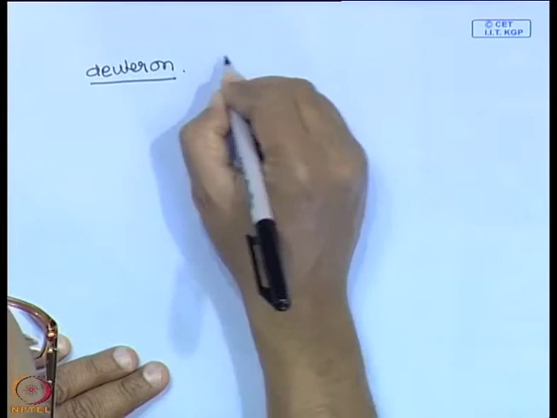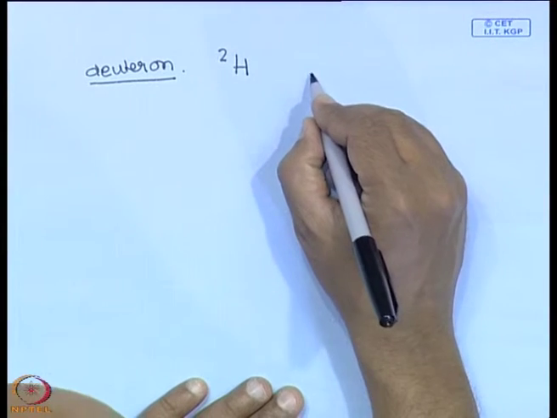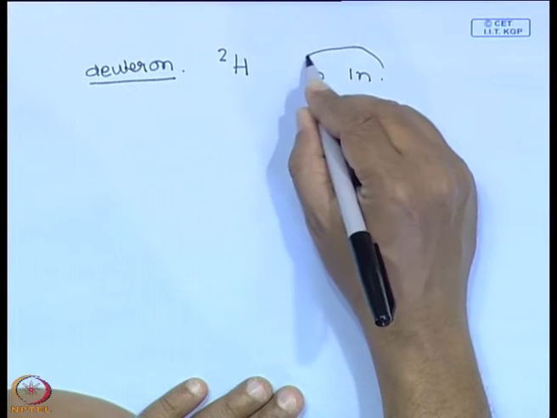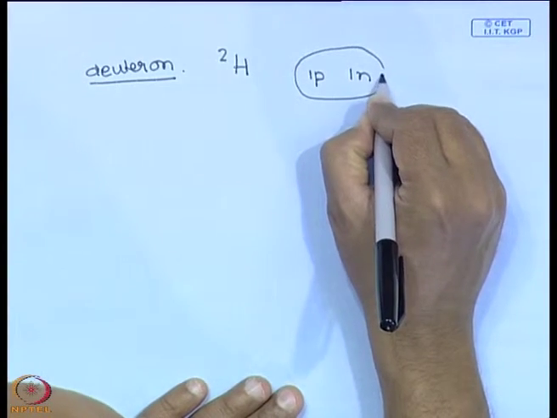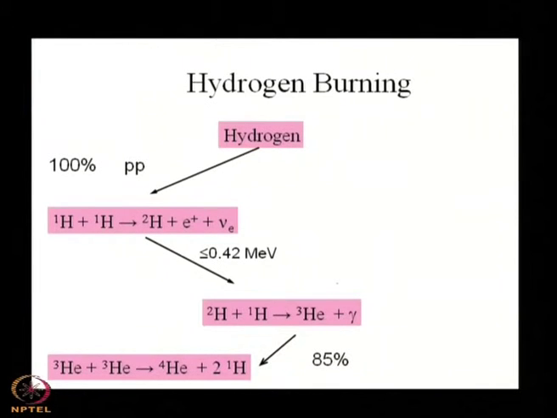This is 2H, a hydrogen isotope which has one proton, one neutron. So, you form one deuteron nucleus, and there are two other particles produced in this nuclear reaction.